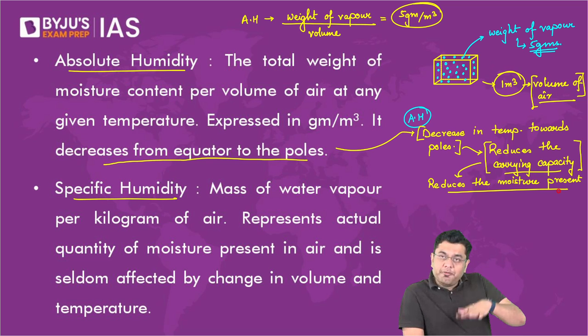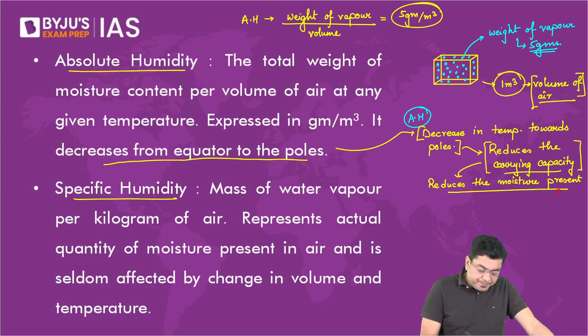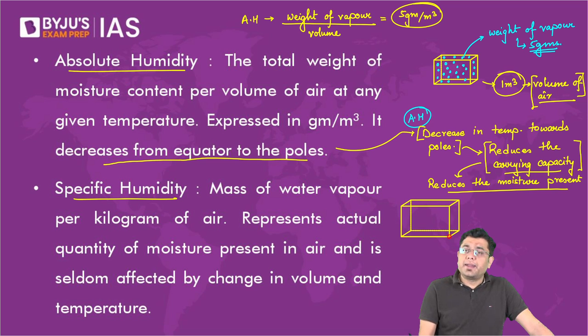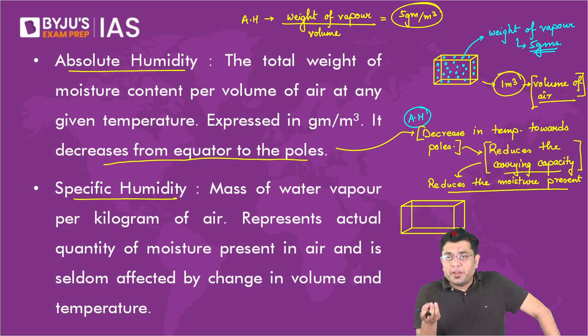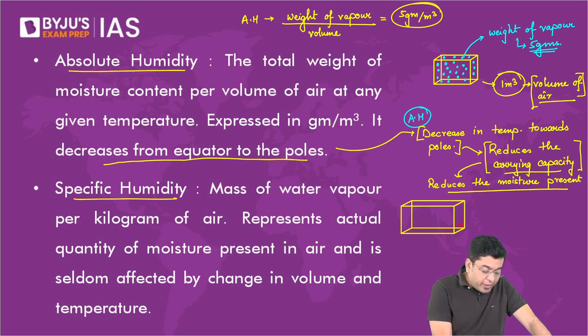So the total weight of vapor per kg of air. Now here when we say kg of air, that mass of air will be constituted by the dust particles, by the various different gaseous molecules, etc. So let's say here you have 1 kg of air.